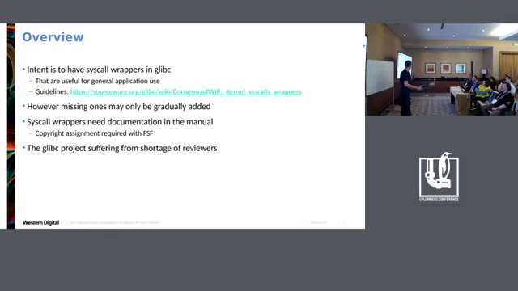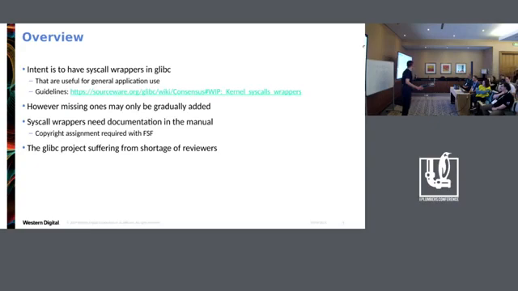We have some guidelines prepared already on what the syscall wrappers are supposed to look like, and why the intent is there to have them. We're regrettably not going to add them all at once.